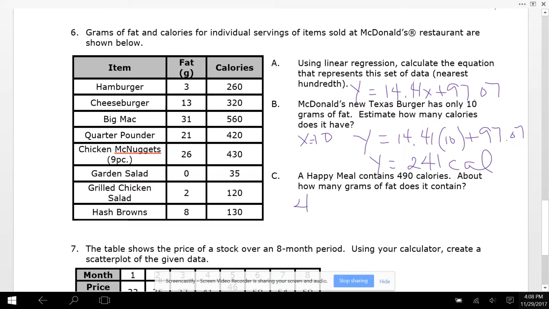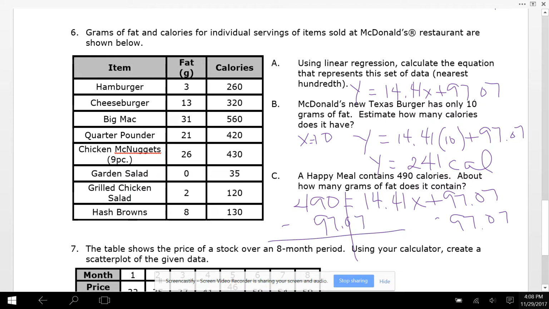And if I have 490 calories, then I'm going to subtract 97.07, and I'm going to divide by 14.41, and I'm going to end up with x equals 27 grams of fat.